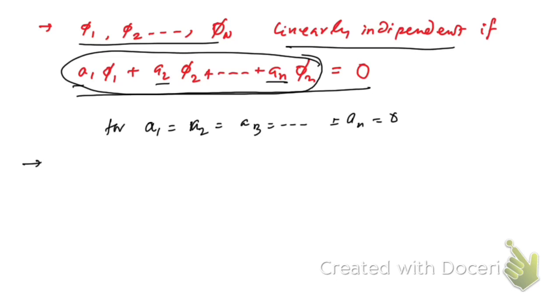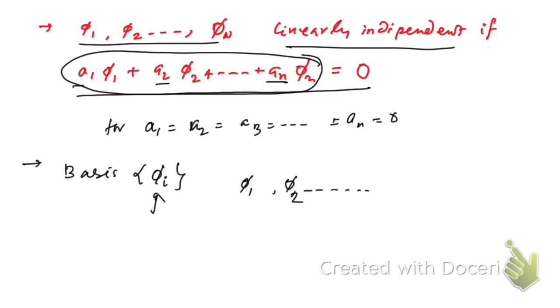Suppose we have a basis of a vector space, psi i. When we say basis of a vector space, these are a set of linearly independent vectors, and their set is denoted by psi i, which consists of psi 1, psi 2, and so on.